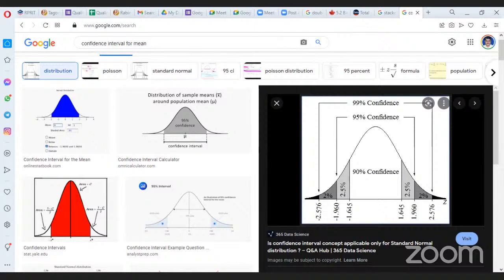Confidence interval is a range of values that is likely to include a population value with a certain degree of confidence.